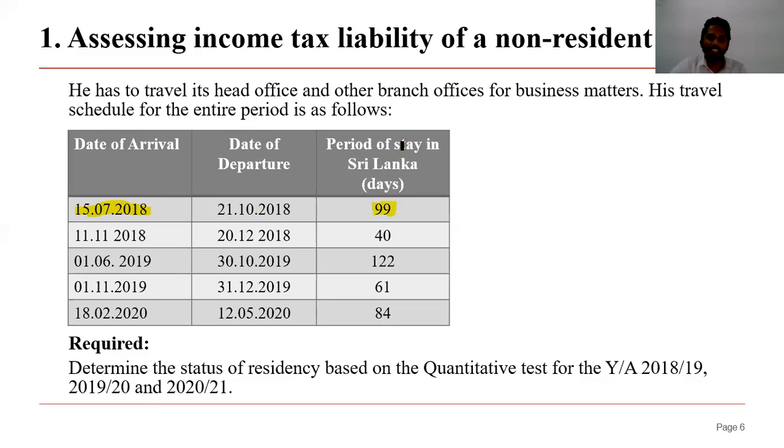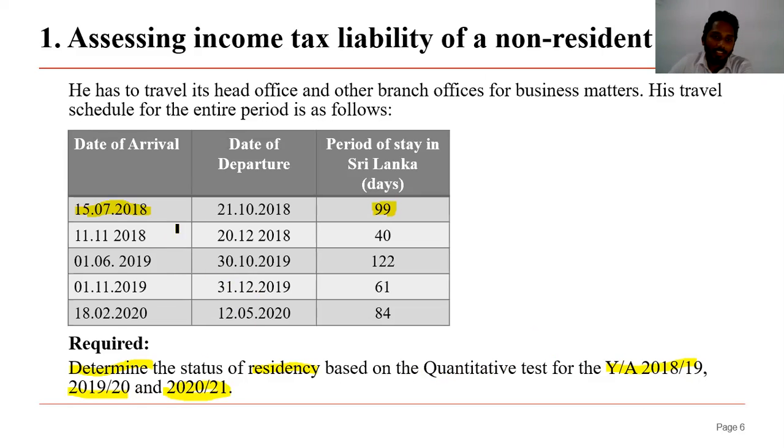So the number of days stayed in Sri Lanka is 99. Keep in mind the question is to determine the residency status based on the quantitative test for the years of assessment 1819, 1920 and 2021. So you need to determine the residency based on the quantitative test, right? The years of assessment 1819, 1920 and 2021.